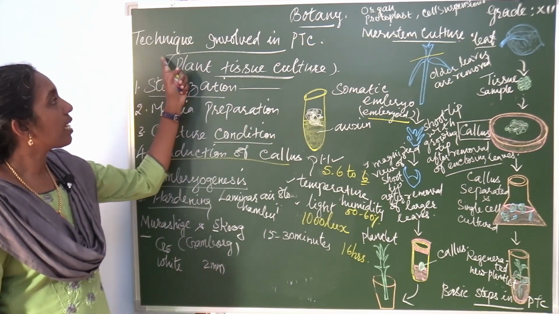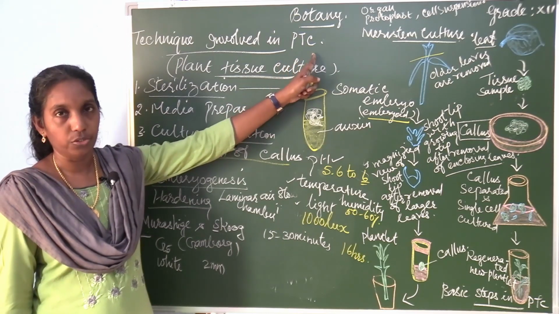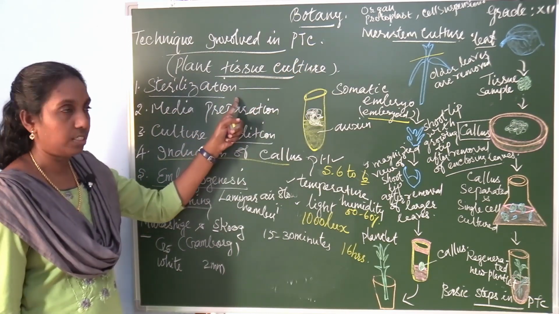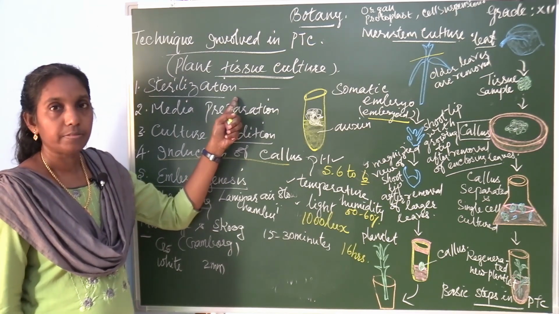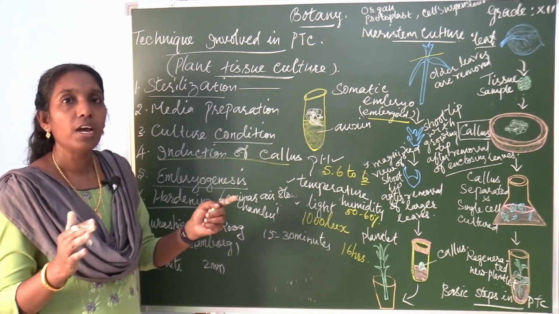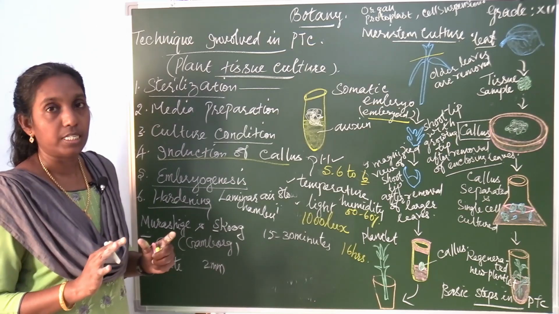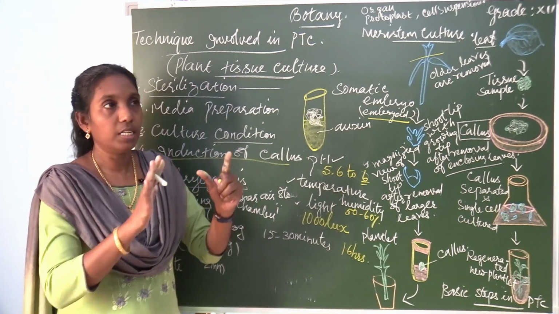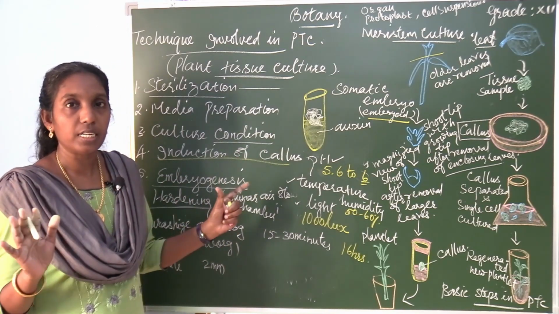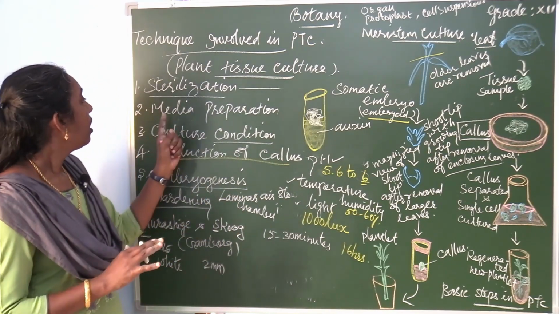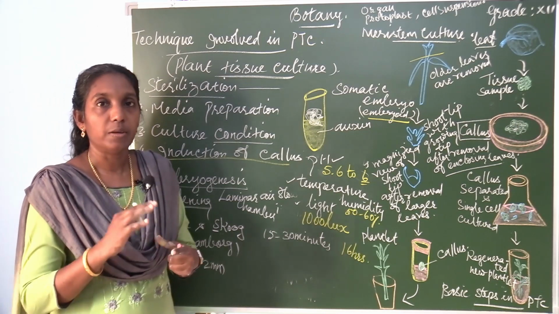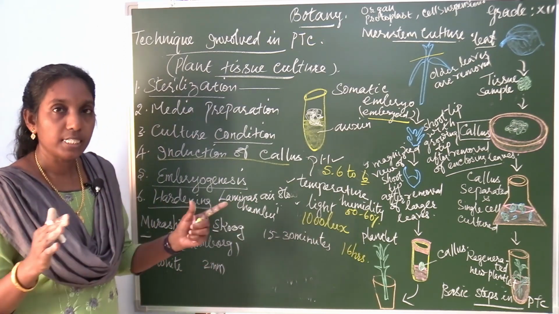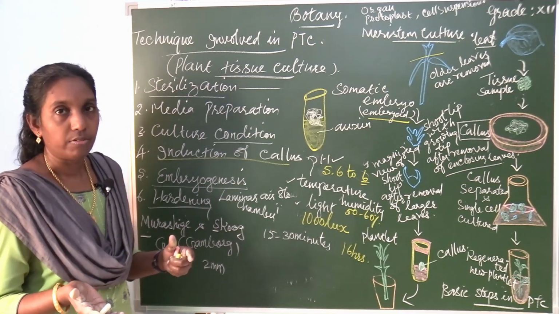The question is the techniques involved in plant tissue culture. What are the techniques? The first technique is sterilization. Sterilization, maintenance of aseptic environment. Aseptic environment is first created in the room, the laboratory can be created as an aseptic condition. Then media preparation, there are different nutrient media, which can be sterilized with autoclave.